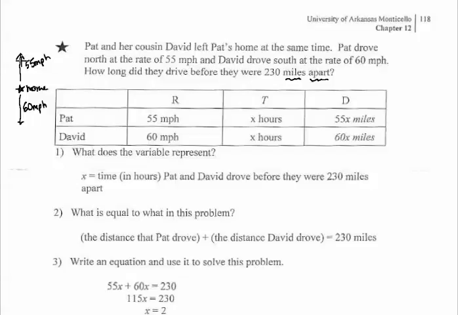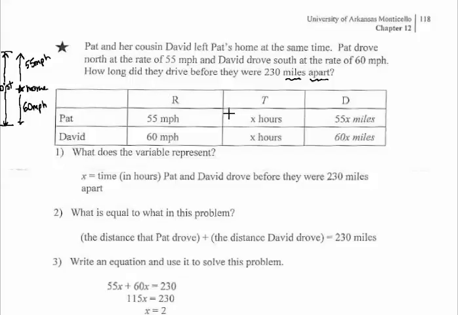So with this little picture, you should see that the distance is from the tip of this top arrow all the way down to the tip of the arrow that heads south. So this is our distance here. Okay, it's the combined distance of Pat and David.